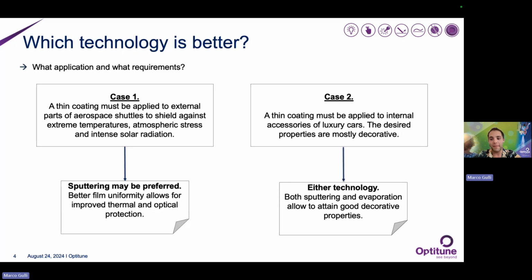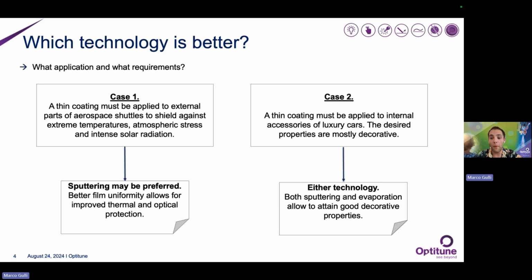So which technology is better? There is no clear answer to which one one should choose, because it's strictly dependent on the kind of application we are pursuing. As a matter of fact, if we take a look at case one here, for example, we will be working with the external parts of aerospace shuttles, which are, of course, surfaces that must withstand important temperatures, important atmospheric stress, and intense solar radiation as well.